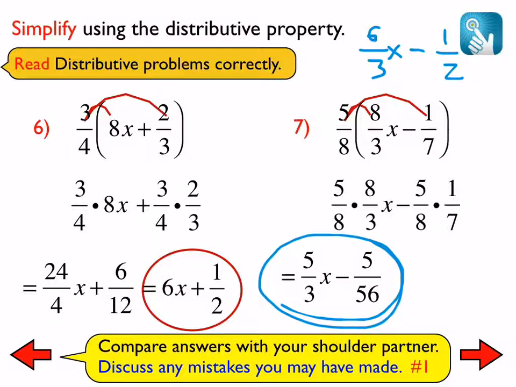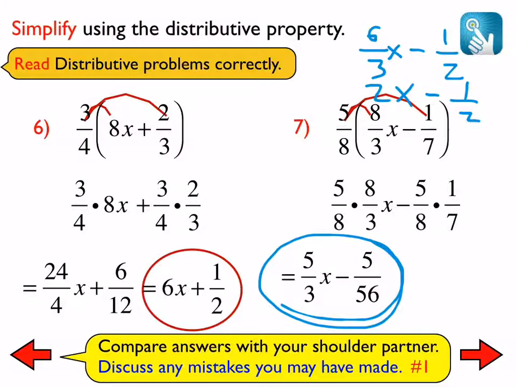They heard me say improper, but they didn't catch the whole part of it. It should only be improper if it doesn't simplify to an even number. Yeah, and what's 6/3? 2. So yes, I want to see improper, but I do want to see reduced, and that's the key here. If that's what you ended up with, it should be 2x minus 1/2.